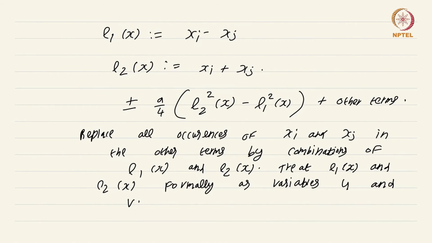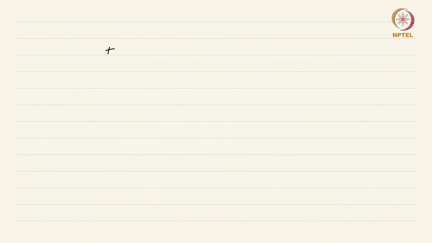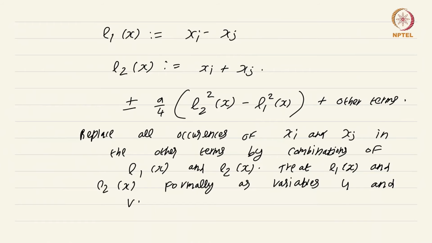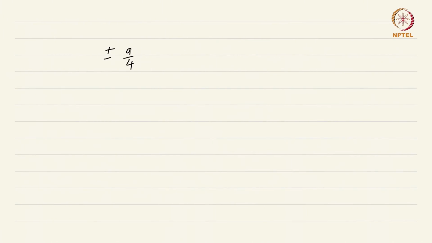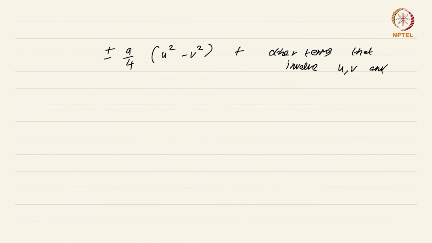So this quadratic form will just become plus or minus a by 4 into u squared minus v squared plus other terms that involve u, v and variables other than xi and xj.